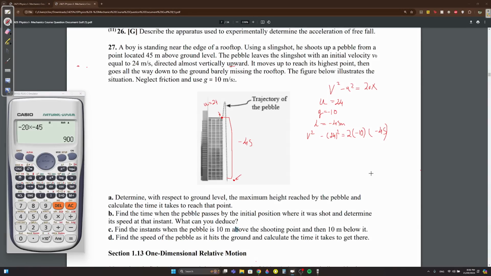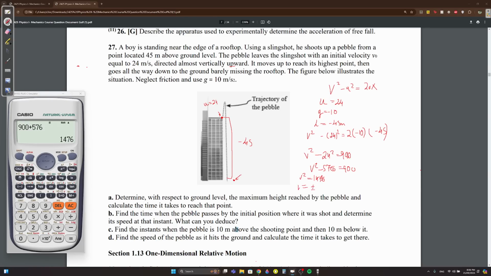So v squared minus 24 squared equals 900. Minus 24 squared is minus 576. So v squared minus 576 equals 900. Then you take it to the other side, it becomes plus 576, right? So 900 plus 576, you're going to get 1476. So v squared equals 1476.